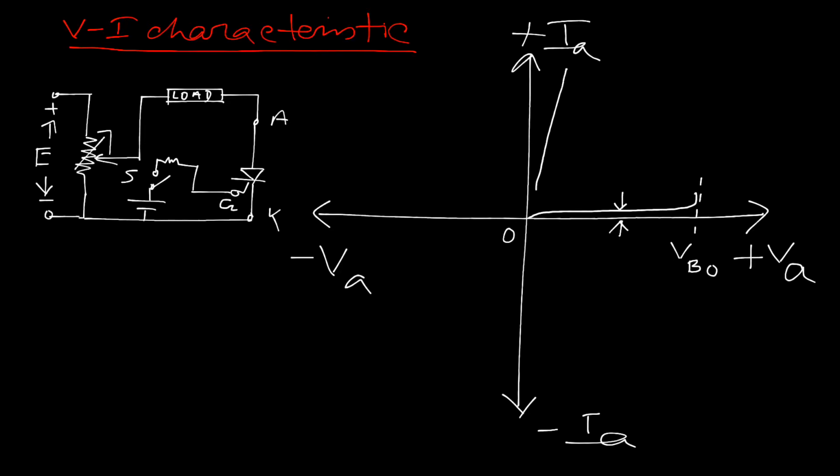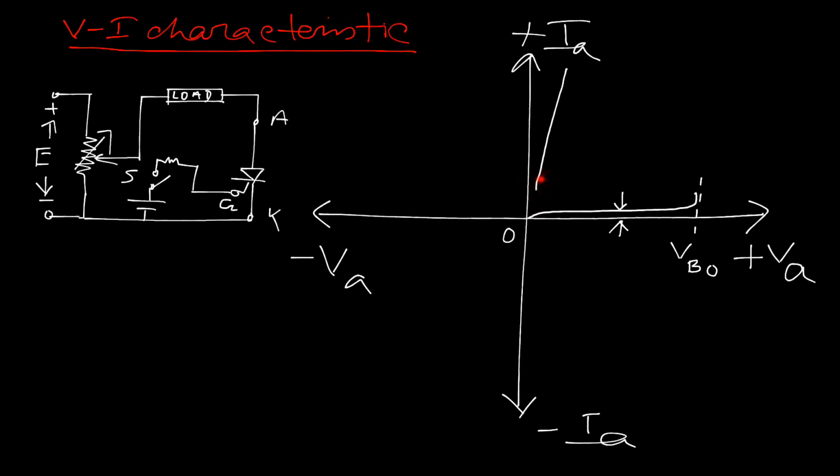Once the switch comes into the on state, the voltage VBO, which was present from 0 to VBO, now falls to a very small magnitude. Then suppose we increase the forward biasing voltage.